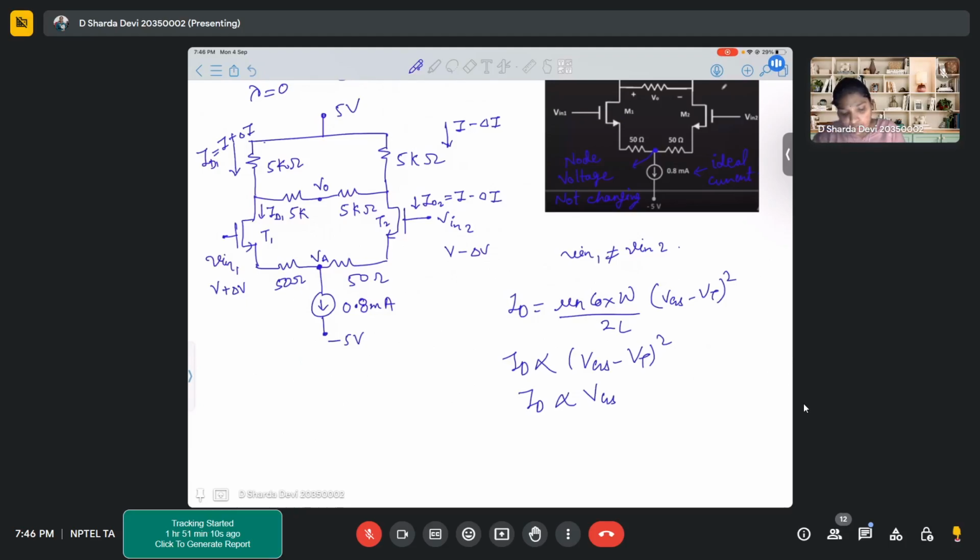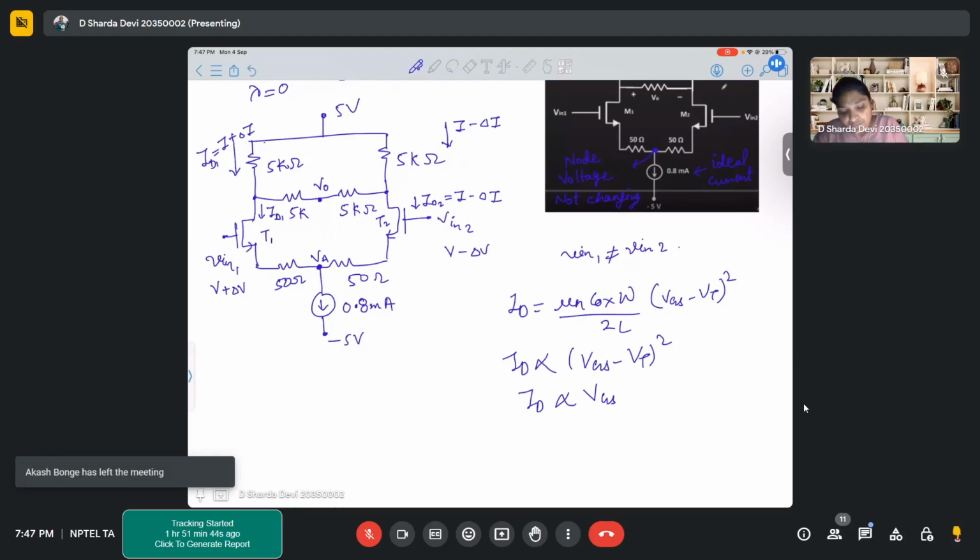So here the voltage has been increased, which will increase basically the current in that series combination. Also, on this side the voltage has reduced, so it will again reduce the current in the series combination. Now, if you observe very carefully, the resistors which are present over here, 5 kilo ohm and 5 kilo ohm, and this V0 voltage.